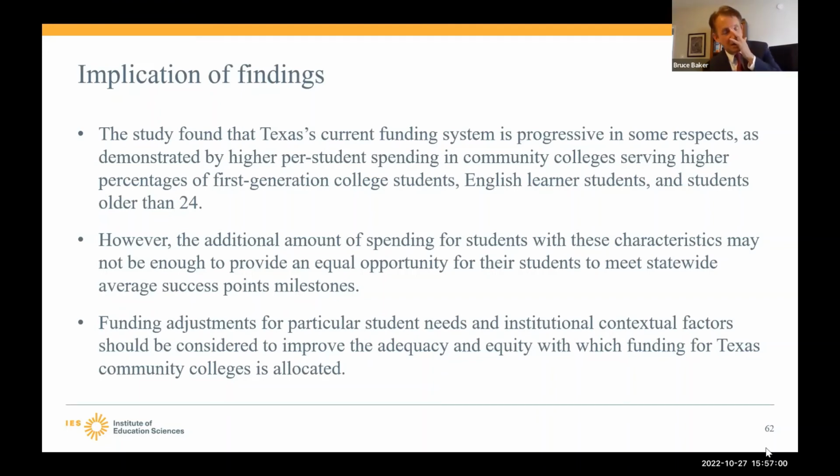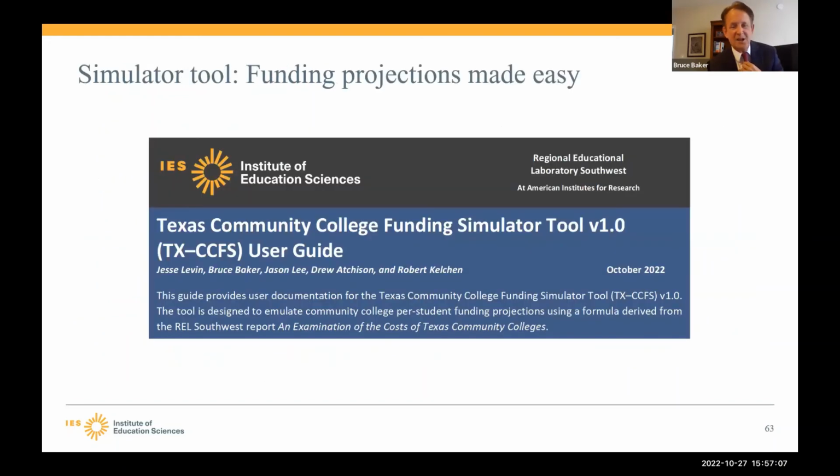In this particular report, we have an accompanying simulation tool, a downloadable spreadsheet simulation that allows the user to test a number of alternative scenarios, either using the weights that came directly from our empirical analysis or testing alternative weights, to see how that affects the amount of funding that would go to each individual Texas community college.